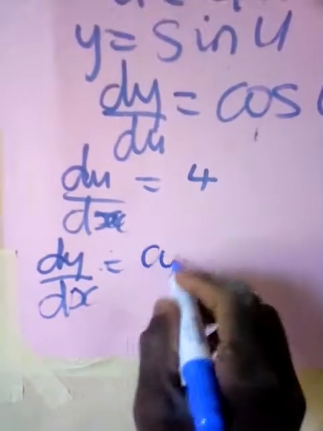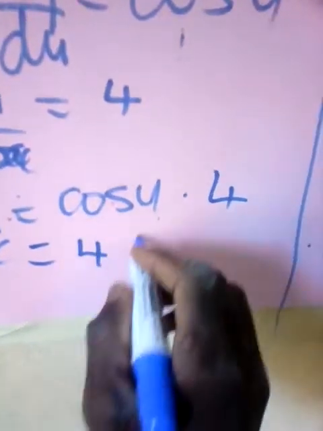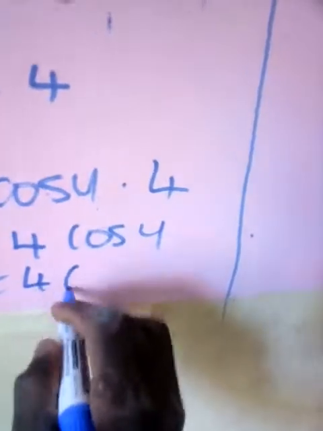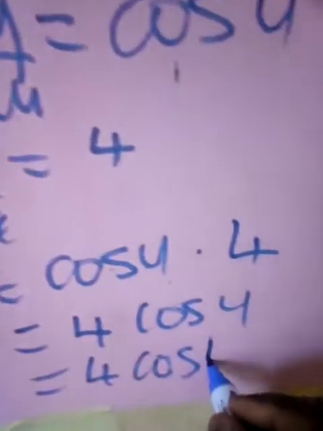Cos u, multiplied by, what's my du/dx? 4. So this gives me 4 cos u, and what's my u? My u is equal to 4x. So that's the derivative of sine 4x.